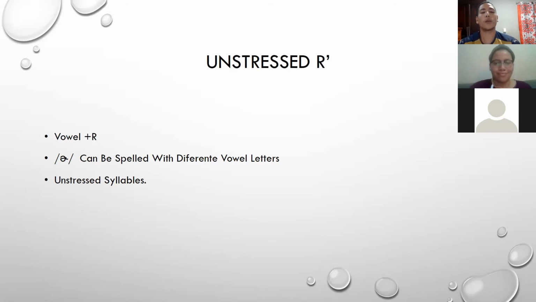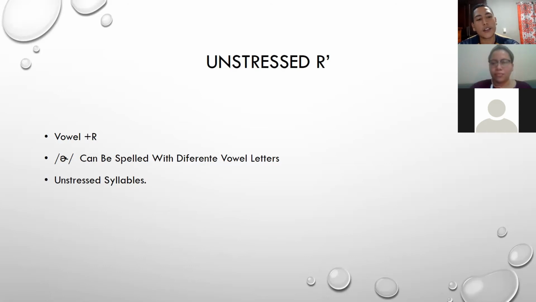It is also formed with a vowel plus R. It can be with different vowels, but just so you know, E plus R is the most common, with words like teacher, writer, and all this stuff. This is the most common unstressed rhotic vowel.